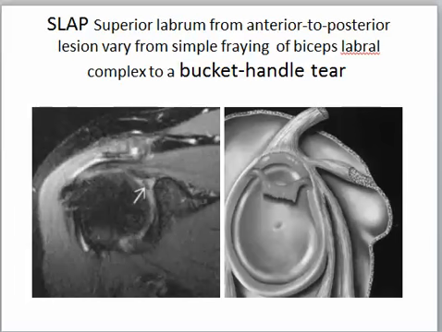So if you want to study this, this is a tendon and this is a labrum. This is the superior labrum, and here we start avulsion from the origin of the attachment of the biceps.